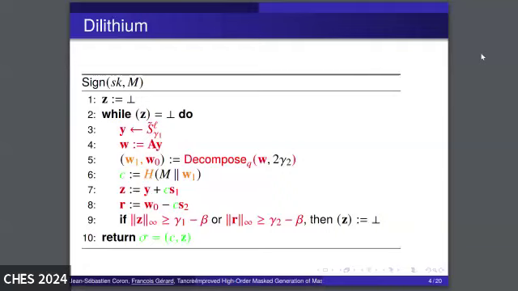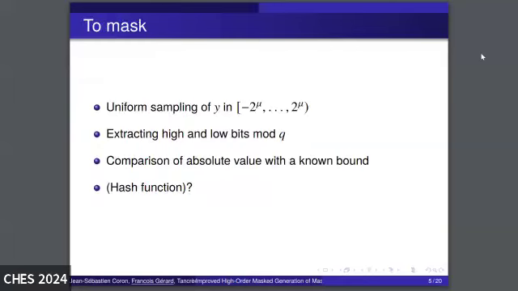And then the signature, you have to protect it until it passes the rejection sampling step, of course, which is a verification of a bound. So you verify that in absolute value, you're above or below a certain bound at line 9. All right, so what do you have to mask in Dilithium? Basically, it's this.